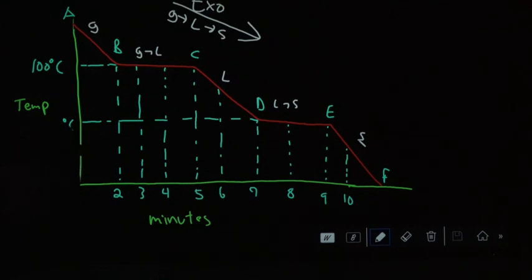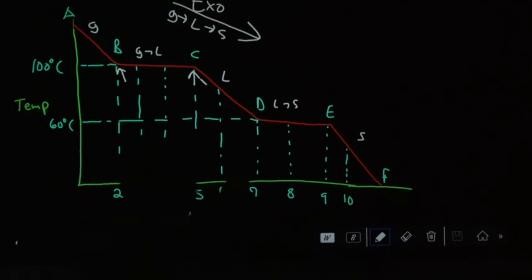So this is a little tricky because the first evidence of liquid would be when the gas is condensing into a liquid right here. But the liquid state starts right here, right at 5 minutes. And when the substance is totally solid or totally frozen, that would be right here.